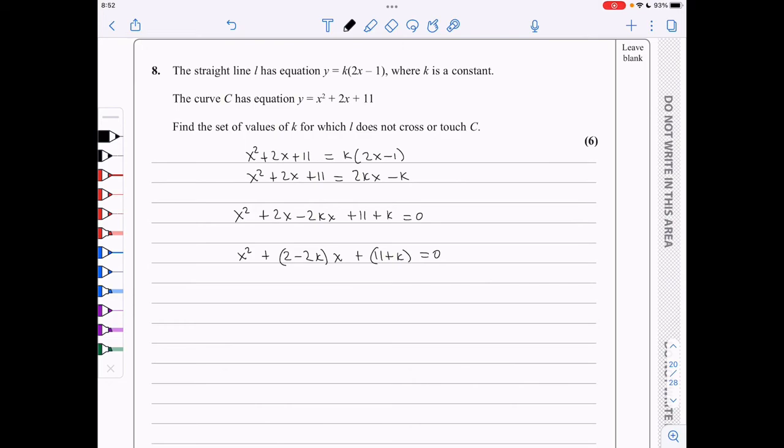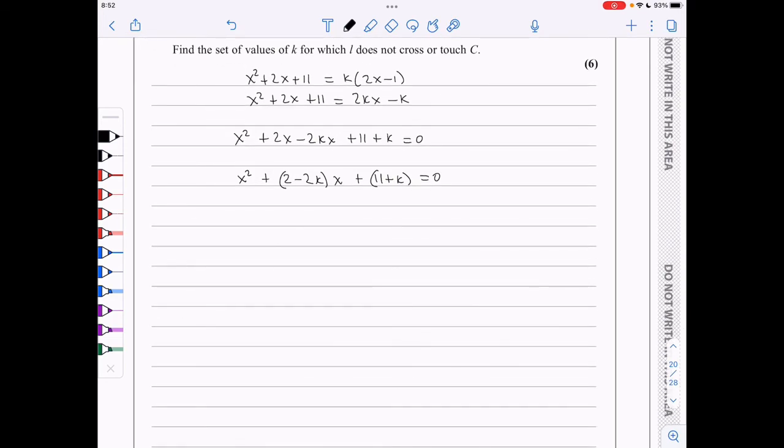So the discriminant has to be negative because the line and C do not cross, they do not touch, so the discriminant has to be negative. So we want b squared, 2 minus 2k all squared, minus 4ac to be less than 0. I will expand this.